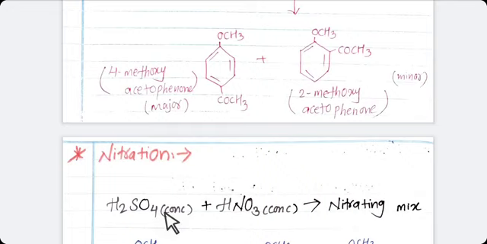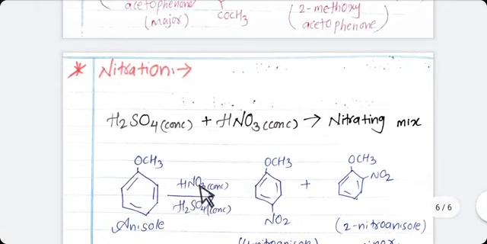ortho-nitroanisole and para-nitroanisole. Means in the reaction anisole reacts with HNO3. From HNO3, the NO2 group is attached on the ring either on the para position or on the ortho position, in presence of concentrated sulfuric acid.